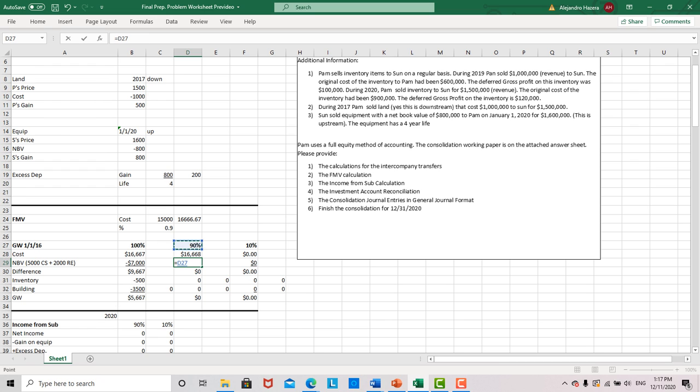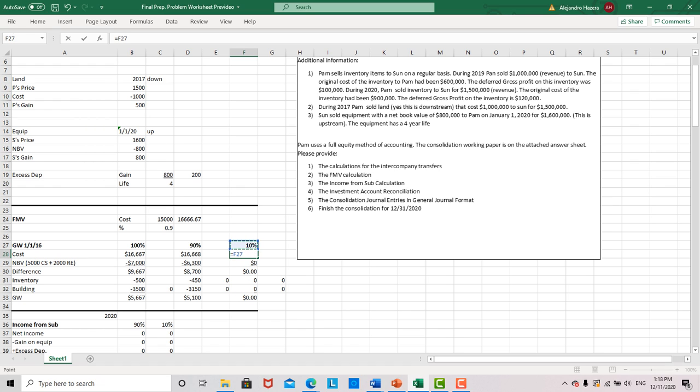I'll do the 90% column first. The goodwill for the 90% column, the controlling interest, is 5,100,000.